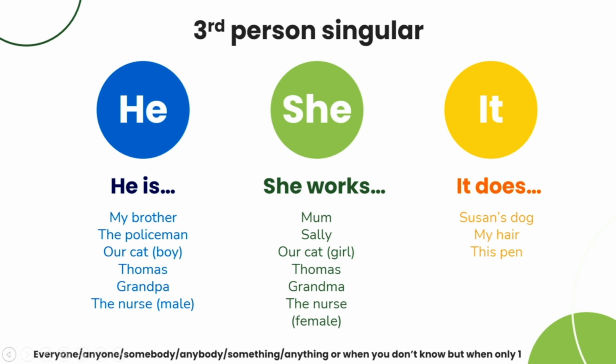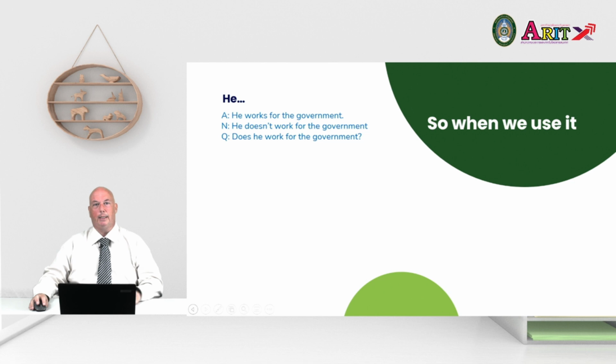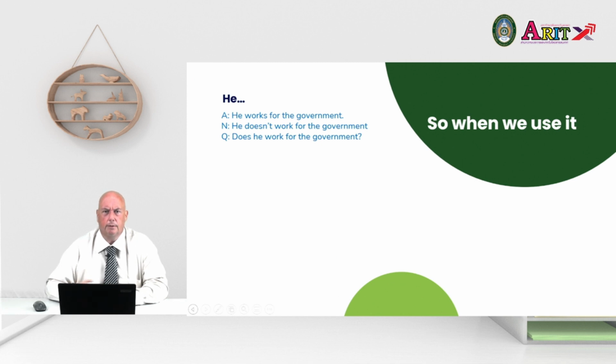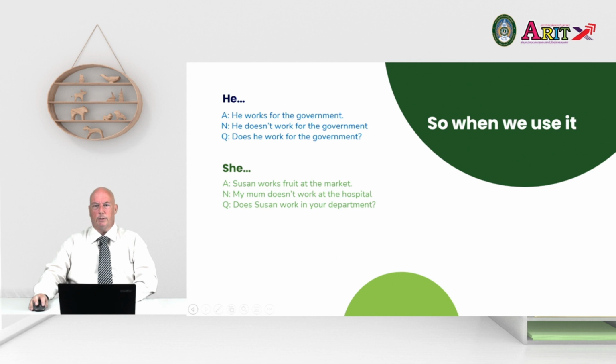And that affects the verbs. So here when we use it, he. An affirmative statement, the ANQ we saw in Unit 1. He works for the government. He doesn't work for the government. Does he work for the government? Susan works fruit at the market. That's a weird statement. That one, we should have changed the word works to sells.